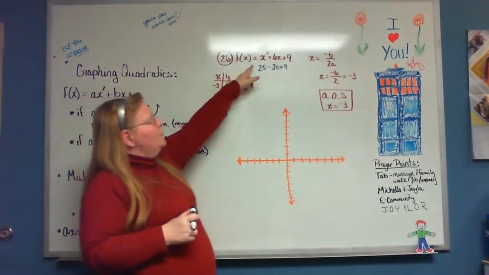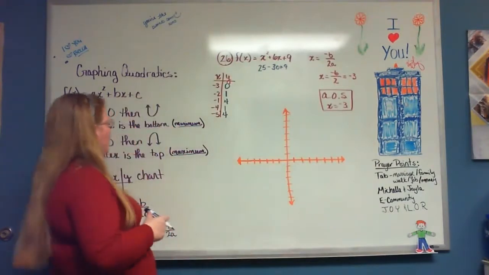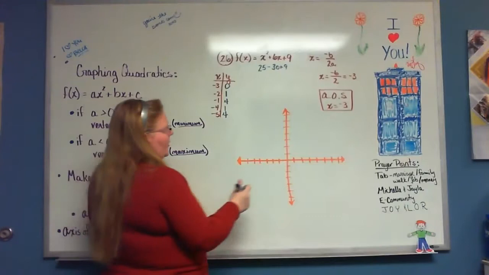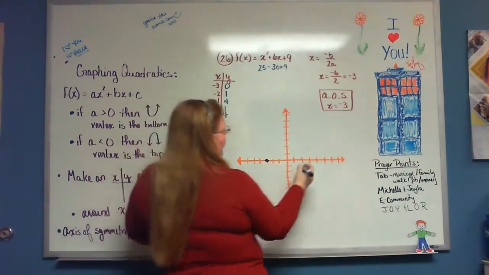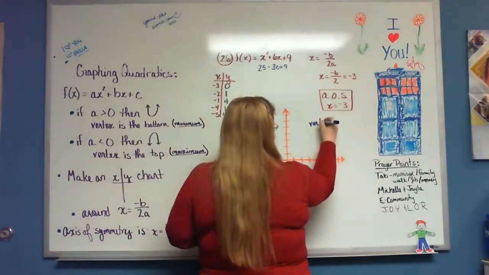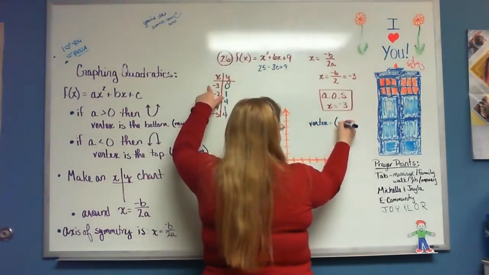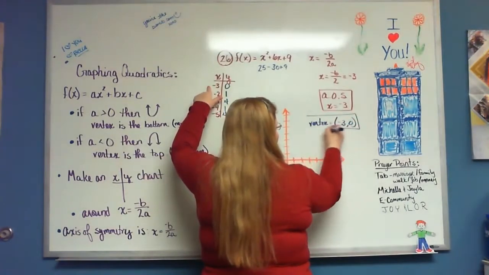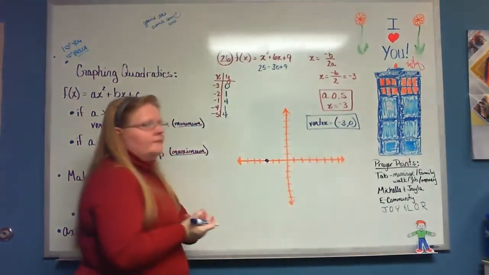And just like we know looking at it, it's going to be positive, so it has to be in a U shape, which means our vertex is at the bottom. And our vertex happens to be right there. So I can write that the vertex equals negative 3, 0, because our vertex is always going to be wherever that is.